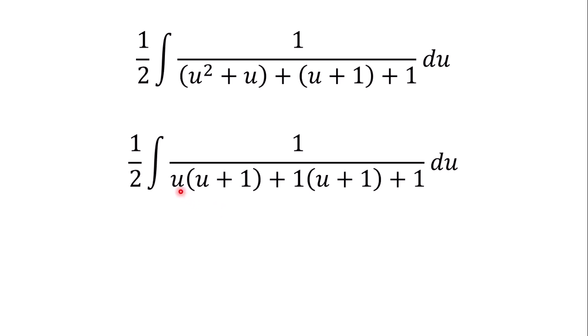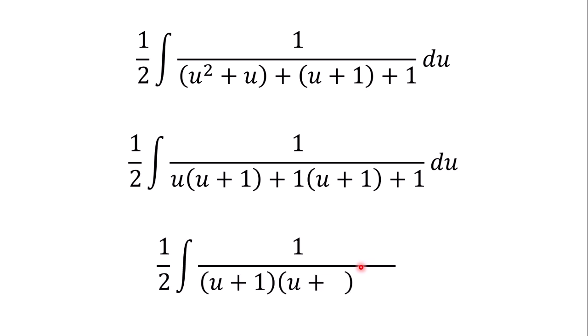I'm going to bracket this and this, then we multiply by either this or that. We will write this one as u plus 1 all squared.